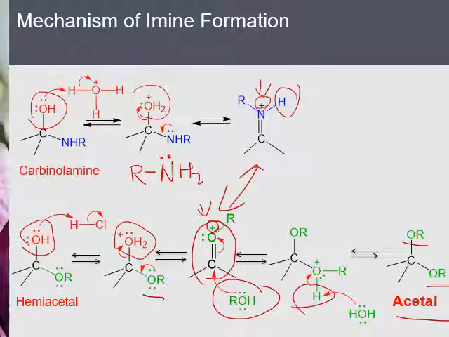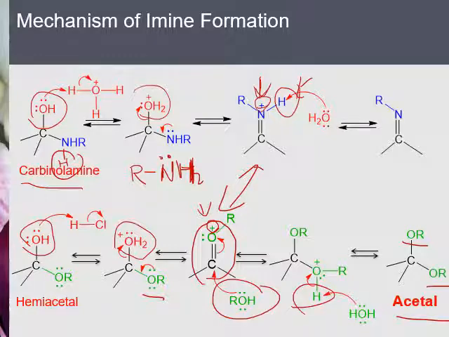So primary amine has 2 hydrogens. One of the hydrogens was already deprotonated before carbinolamine was formed. So remember you have 2 hydrogens, but this one is deprotonated. So now you still have 1 hydrogen. By deprotonating this hydrogen, the positive charge can be removed, and that gives you a neutral molecule called imine.